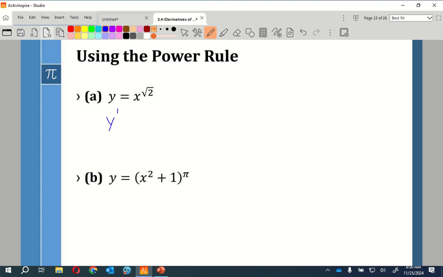Derivative, y prime is equal to, isn't rad 2 a number? Yeah, it's just a number, right? So, where does that number go? In front of my variable, x, then I'm going to have raised to the rad 2 minus 1.